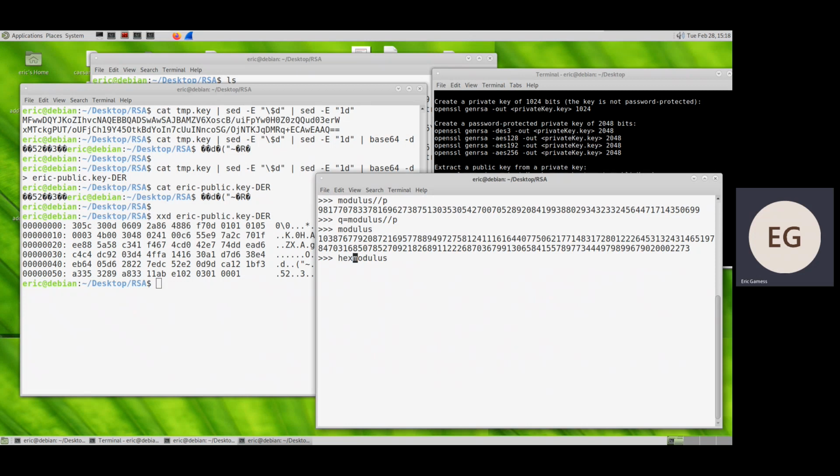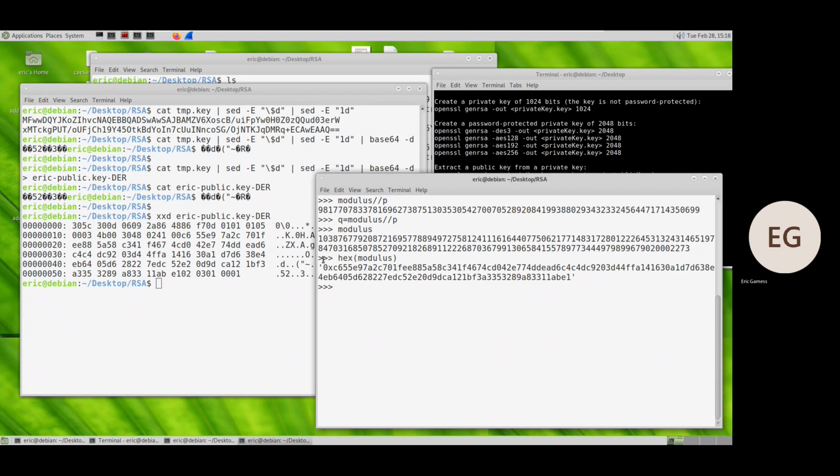So there is the hex command that will transform an integer to a hexadecimal string. This is it, the modulus in hexadecimal. So I should find this inside this file. I don't know if you see it.